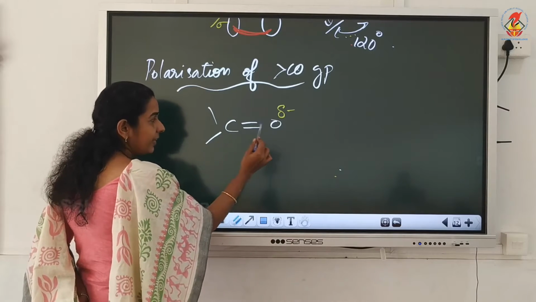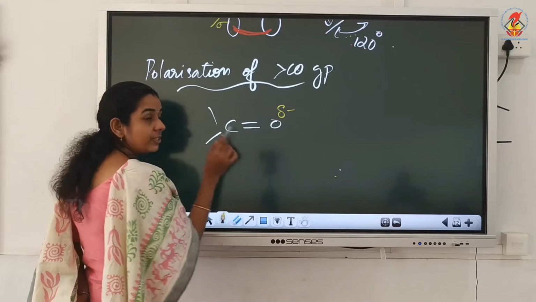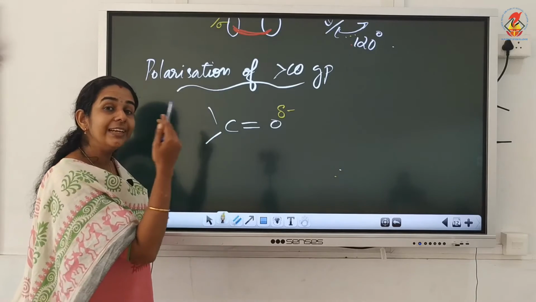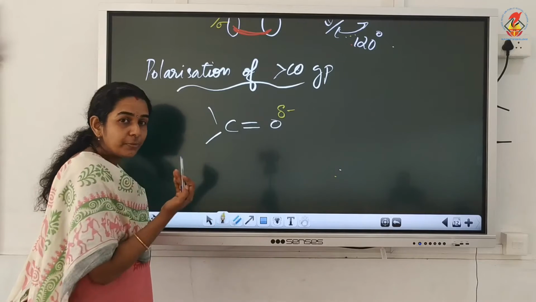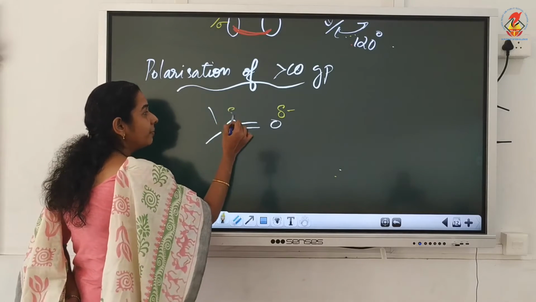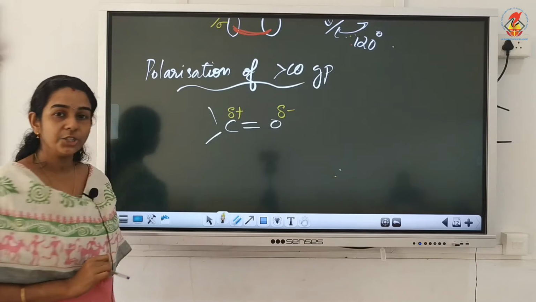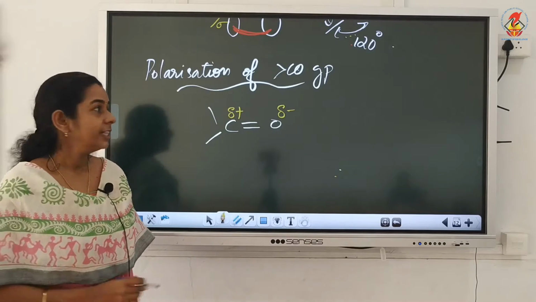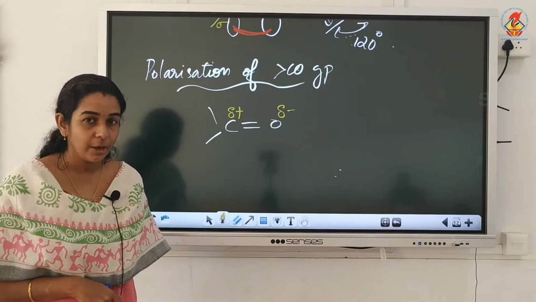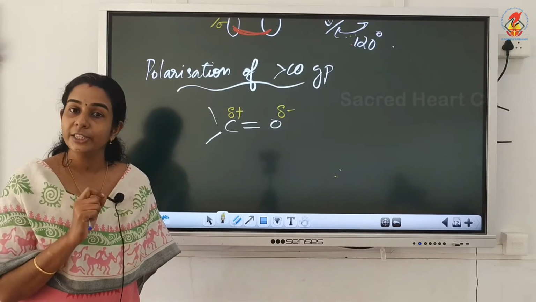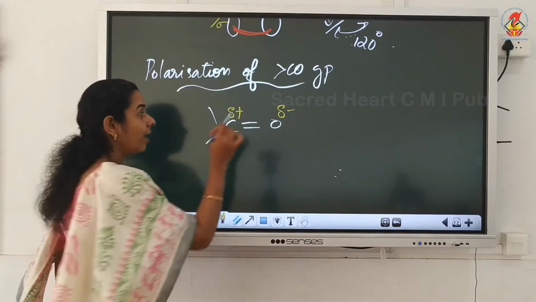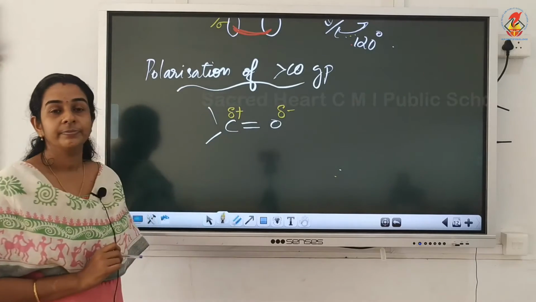Then, if the electrons are shifting a little bit towards oxygen, they are moving a little bit away from carbon. So the carbonyl carbon is getting a partial positive charge. So this is about the polarization of the carbonyl group. The reason for polarization is the high electronegativity of carbonyl oxygen.